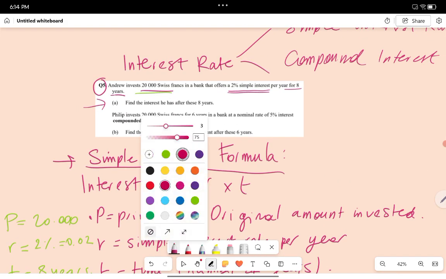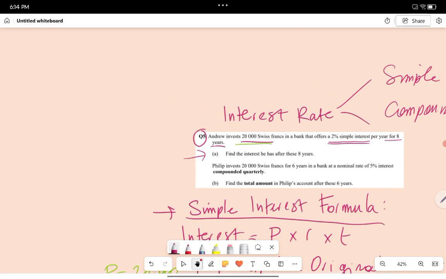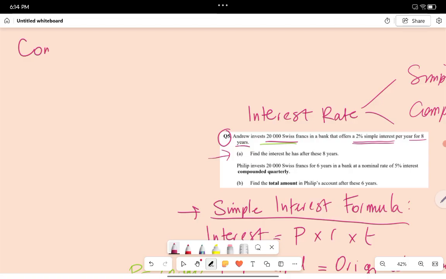Now we're going to move on to a compound interest question. So what do they say? Philip invests 20,000 Swiss francs for 6 years in a bank at a nominal rate of 5% interest compounded quarterly. Okay, so this is interesting.